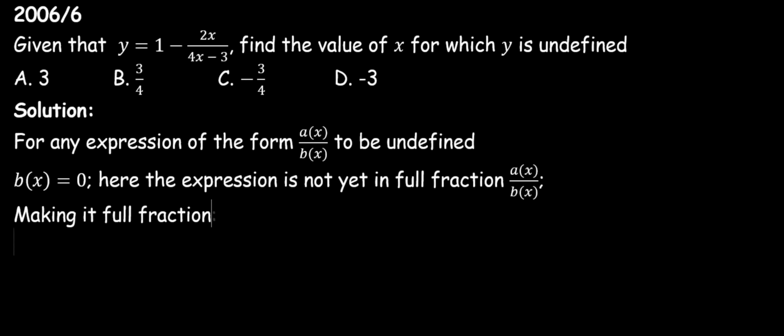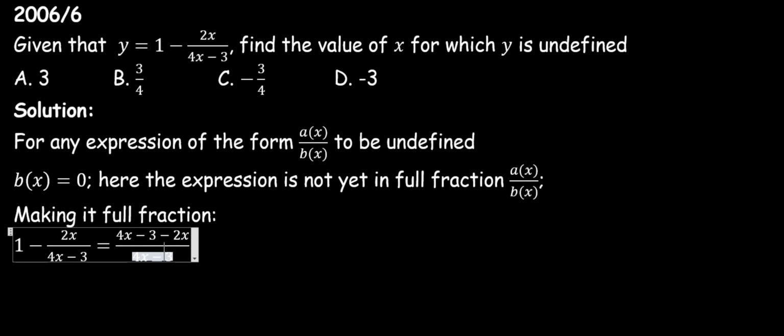We will now have 1 minus 2x divided by 4x minus 3 will be equal to, just as we do in normal fraction, we just use this denominator to multiply 1 and we subtract it from the 2x since it's minus that's in between. Hence, in the numerator you have 4x minus 3 minus 2x, and in the denominator you have 4x minus 3. And our result will be 2x minus 3 divided by 4x minus 3.